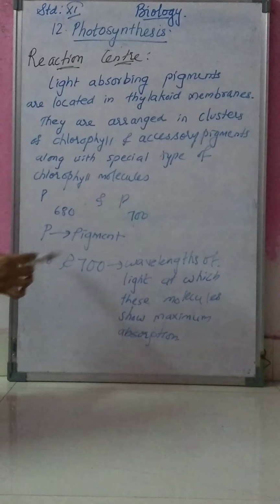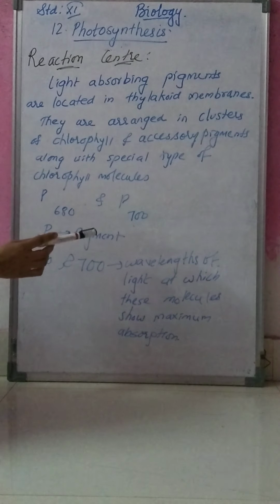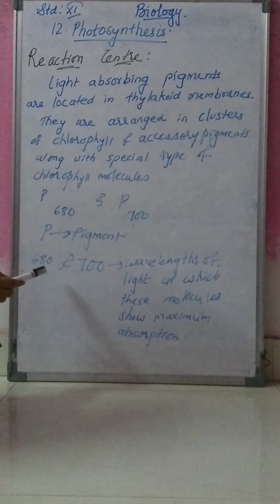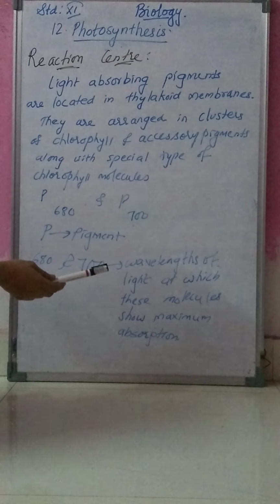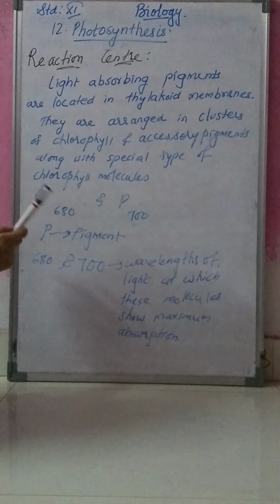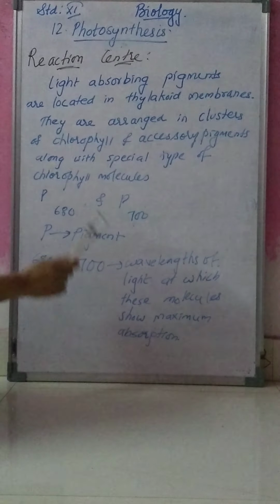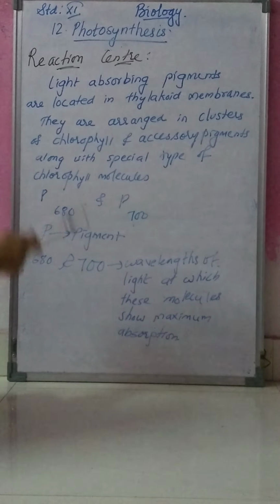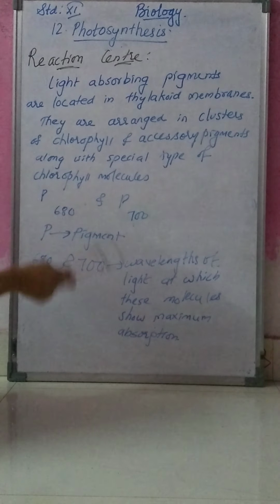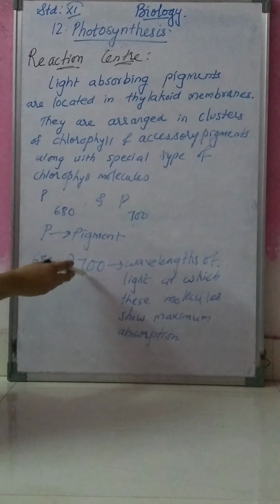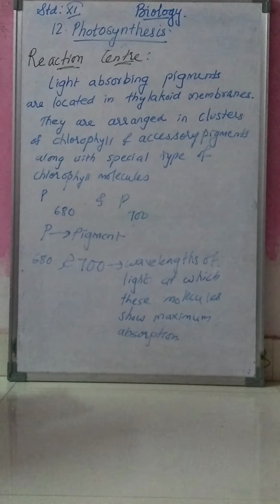So the chlorophyll molecules and carotenoids, the light absorbing pigments, show maximum absorption at the 680 and 700 wavelengths of light.